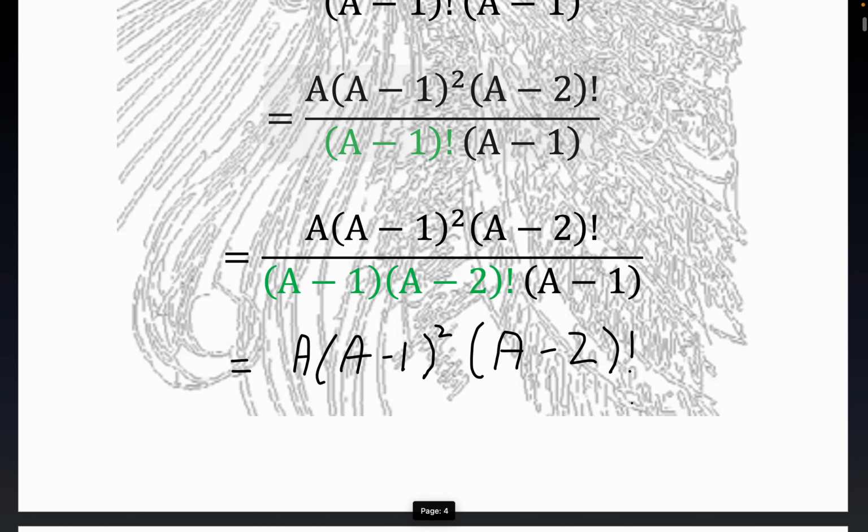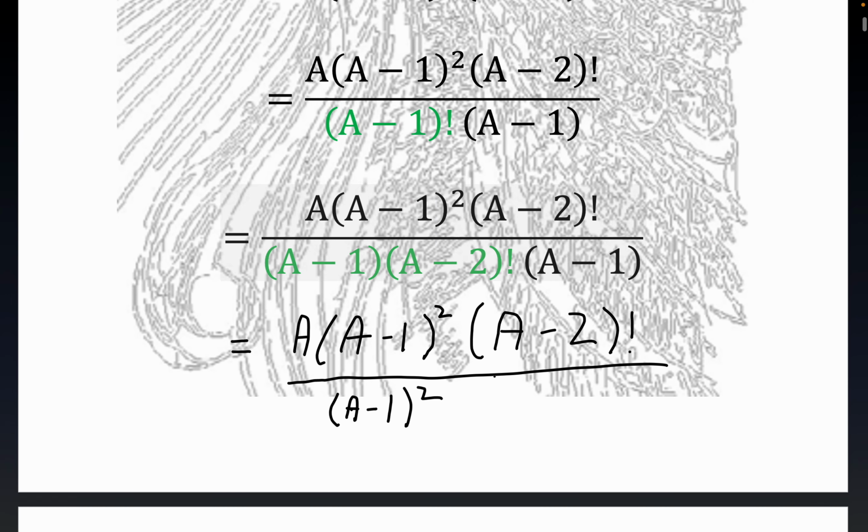And then downstairs, what happens that's very favorable is that we have 2 copies of a minus 1 juxtaposed. And so that means we're going to have a minus 1 quantity squared again, which is a nice thing in terms of cancellation. That's just this a minus 1 that fell out from this factorization and this a minus 1. Then, of course, we still have a minus 2 factorial.